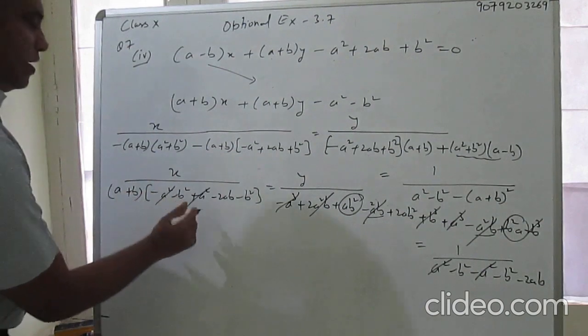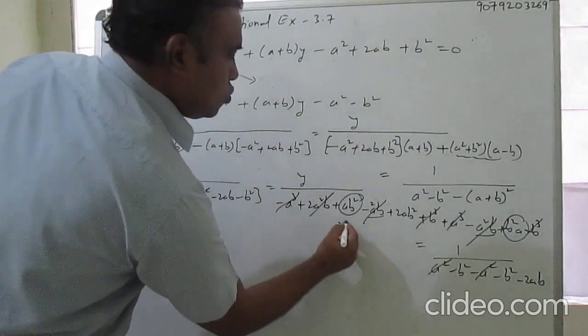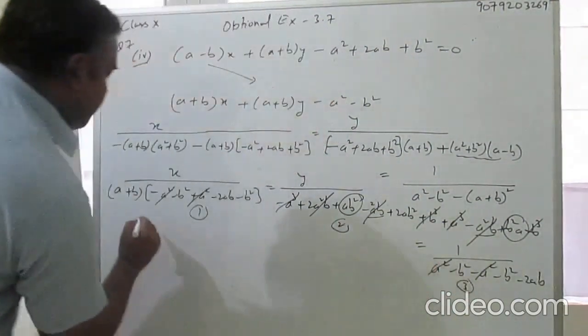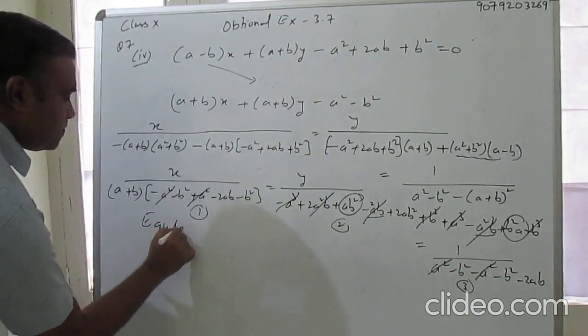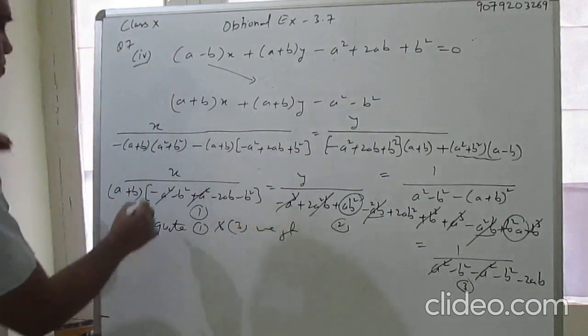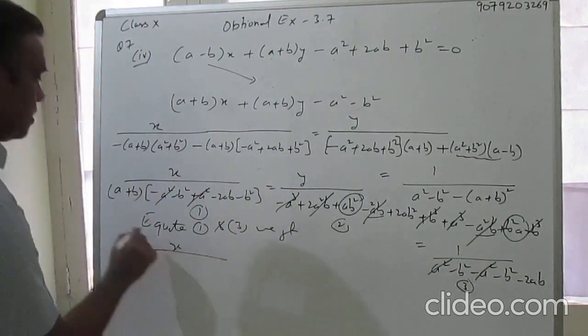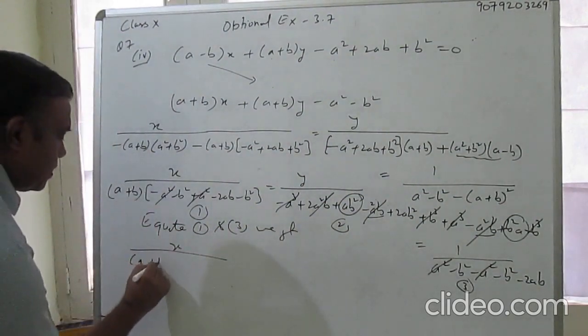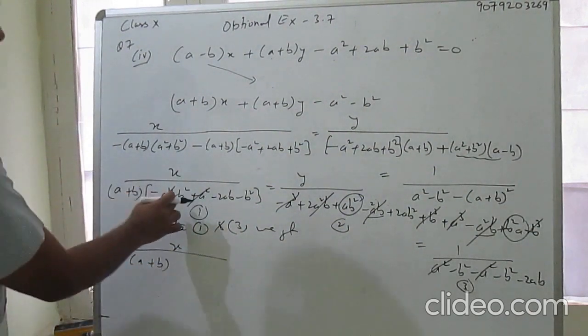Now equate, this is 1, this is 2, this is 3, equate 1 and 2. Equate 1 and 3 we get x upon a plus b. Now what is remaining here?